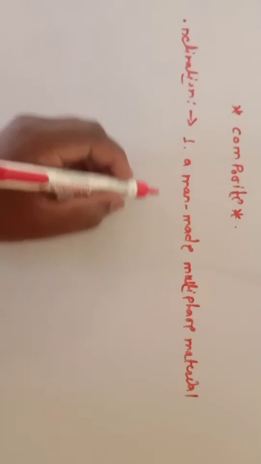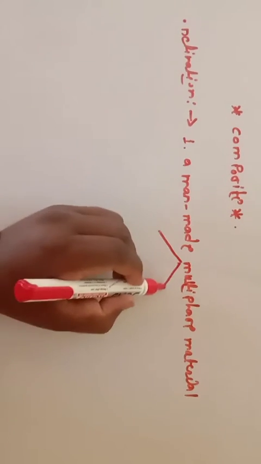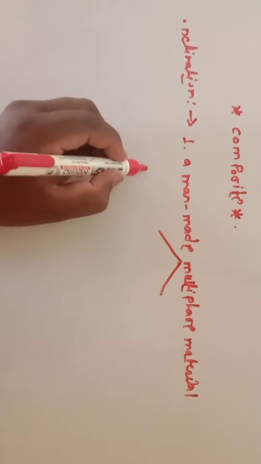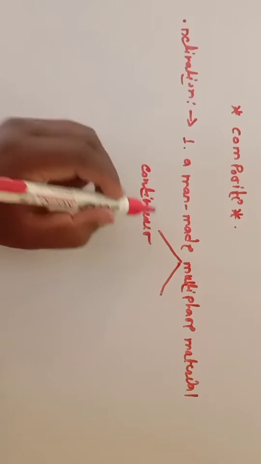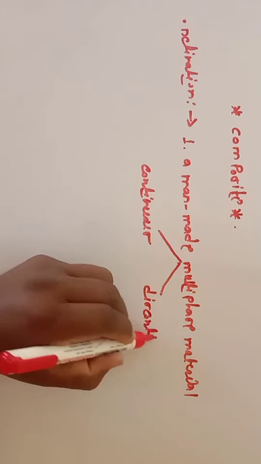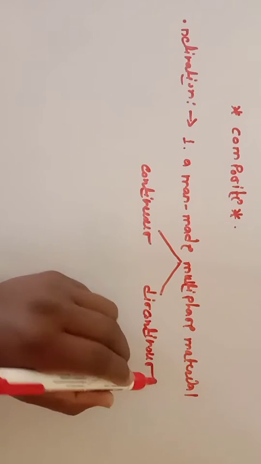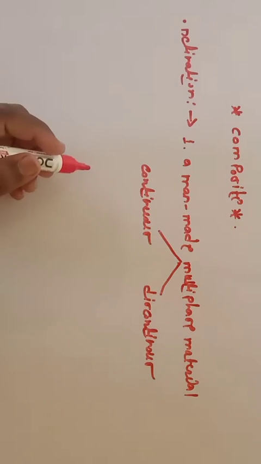in which one phase is continuous and another phase is discontinuous. This is the simple definition of this composite material: a man-made multi-phase material in which one phase is continuous and another phase is discontinuous.